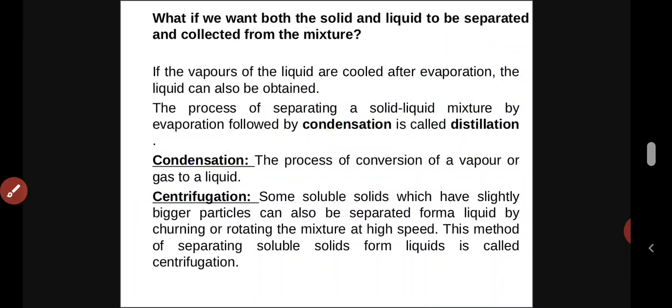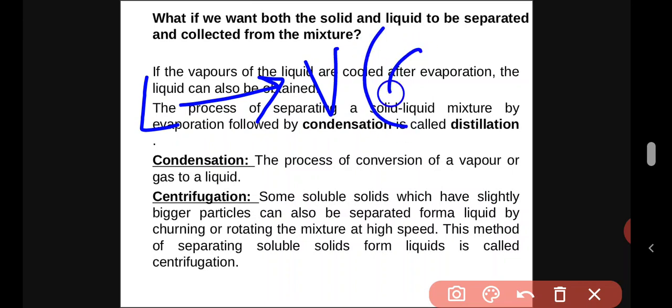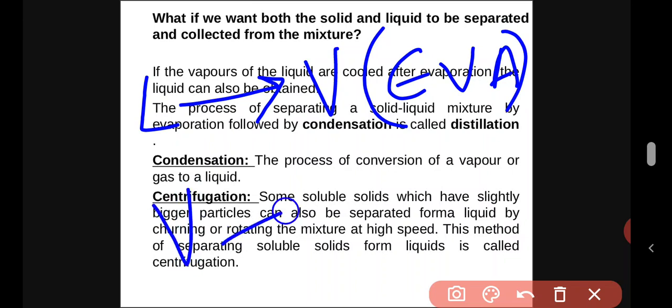This process is known as condensation, the conversion of vapor or gas to liquid. So liquid to vapor is evaporation, and vapor into liquid is condensation.